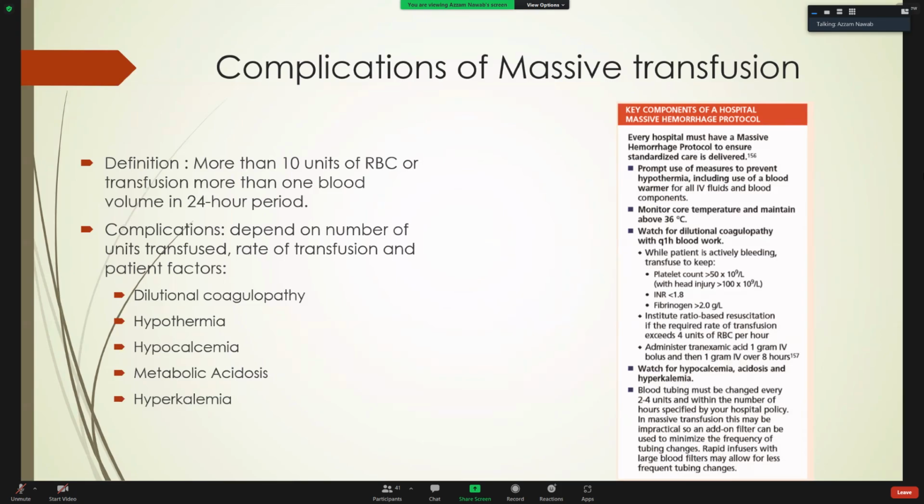We should promptly use measures to prevent hypothermia, including use of a blood warmer, monitor core temperature, watch for dilutional coagulopathy every 1 hour, and watch for hypocalcemia, acidosis, hyperkalemia. Blood tubing must be changed every 2 to 4 units to reduce the chance of sepsis and contamination.